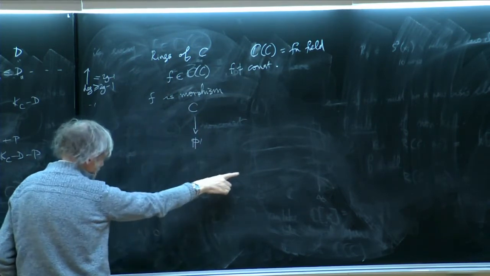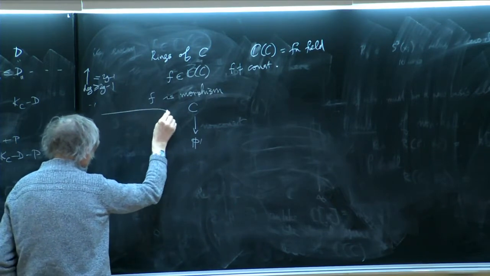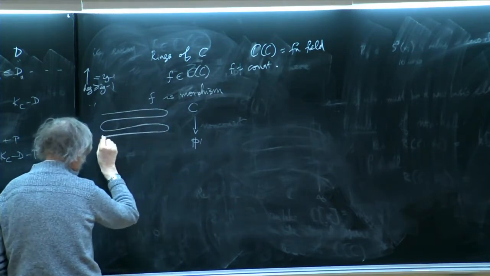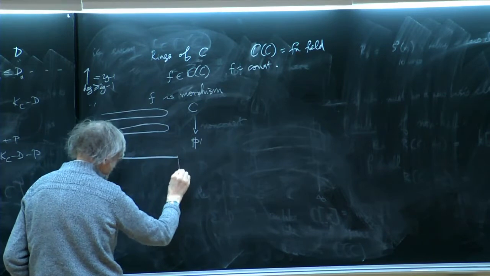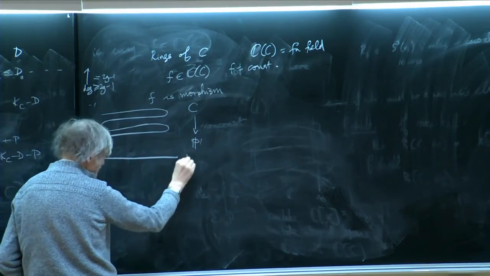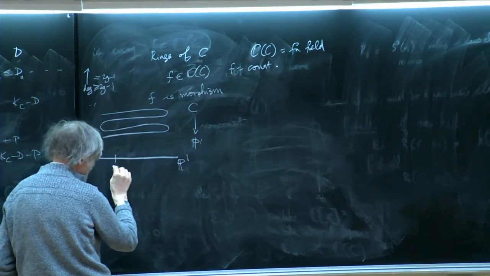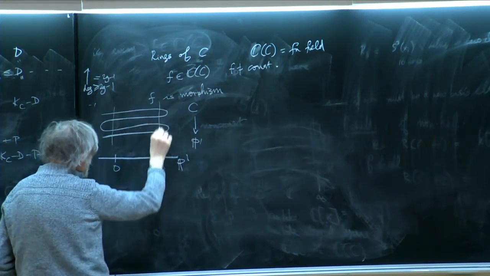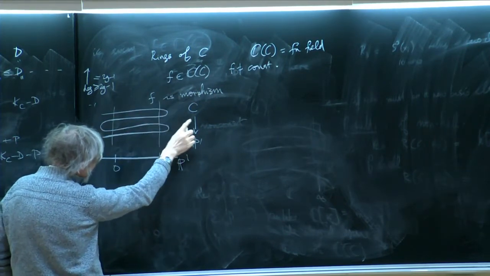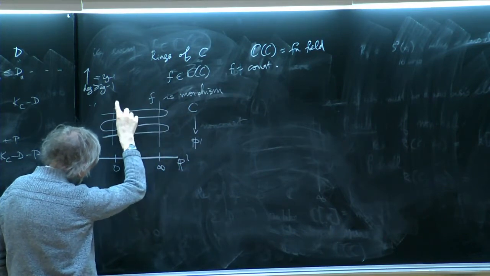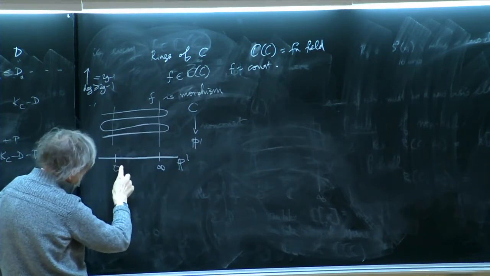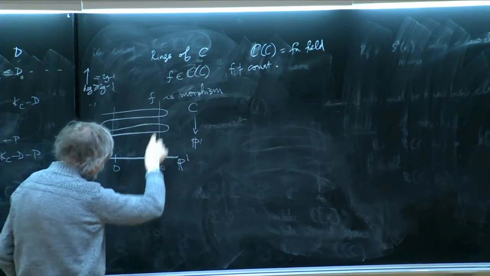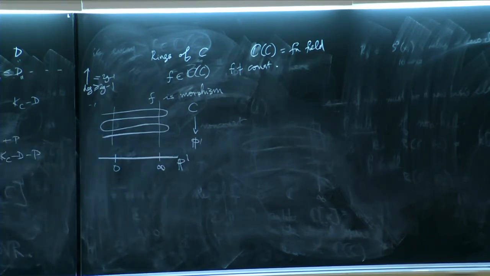Right. So in the picture, here's my curve C, and here is P1. And on P1, I want to mark 0 and infinity. Right? So the places on C where f maps to 0 are the zeros of f, and the places where f maps to infinity are the poles of f.